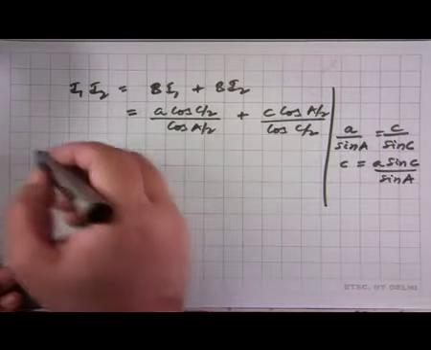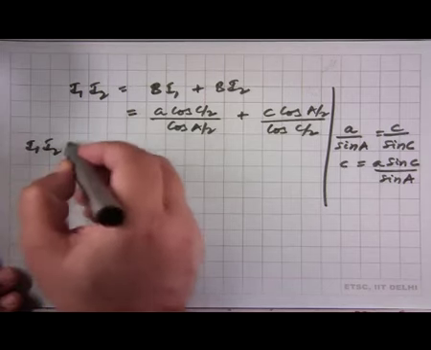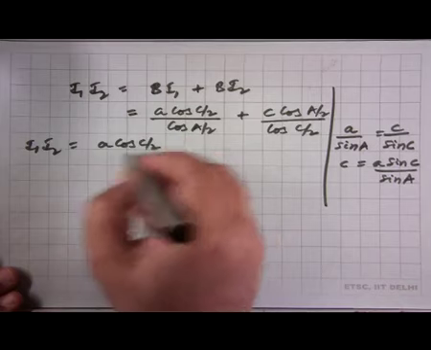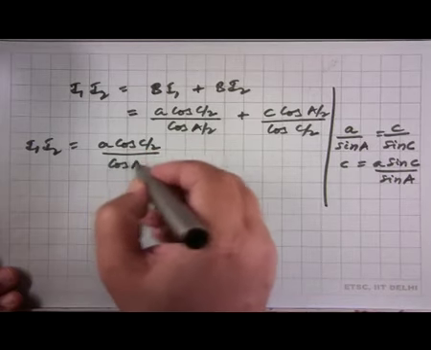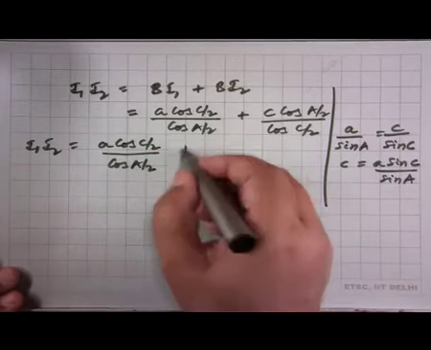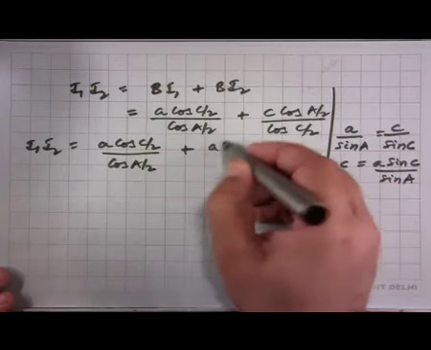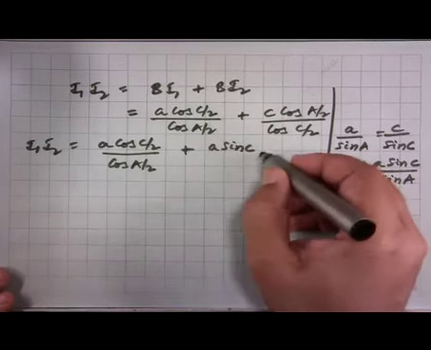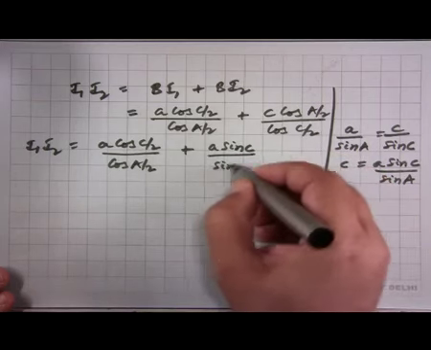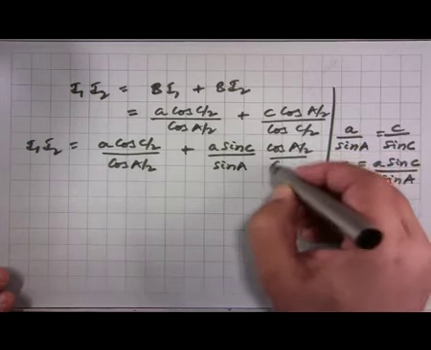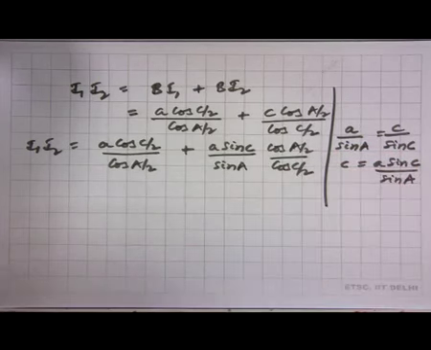We end up getting that I1I2 is equal to a cos(C/2) over cos(A/2) plus, instead of c, we use a sin C over sin A, into cos(A/2) over cos(C/2).